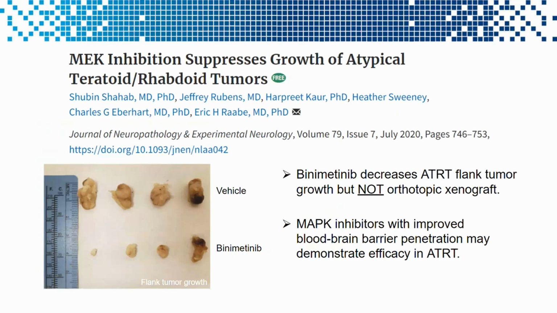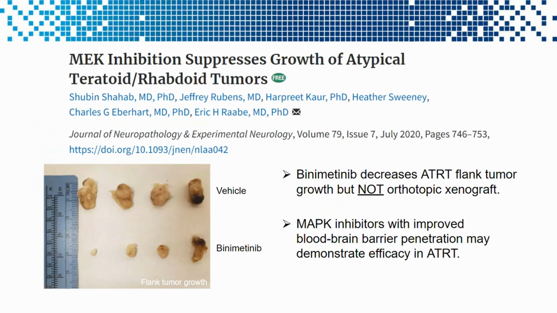The study discovered that binimetinib was able to decrease ATRT flank tumor growth. However, unfortunately, it did not really work well in orthotopic xenograft, which is inside the mouse brain. So while we were recovering from the disappointment of this revelation, we also found the silver lining.